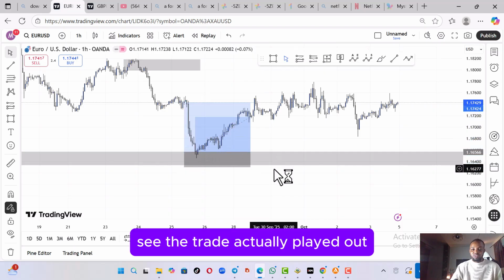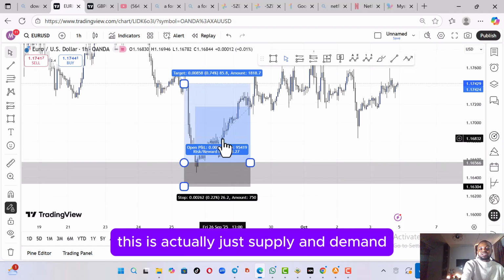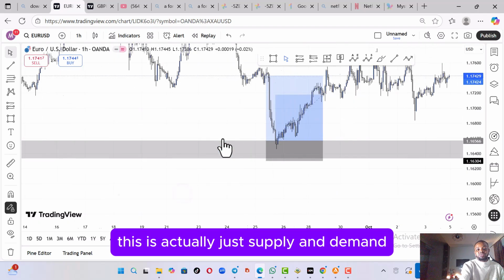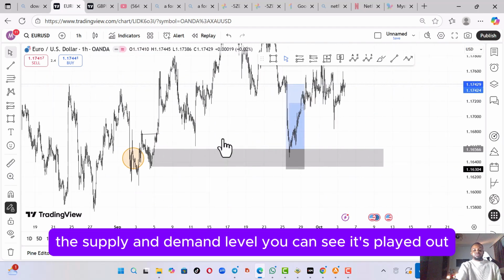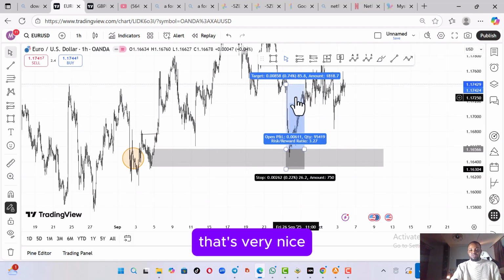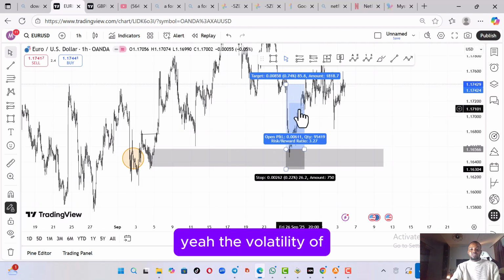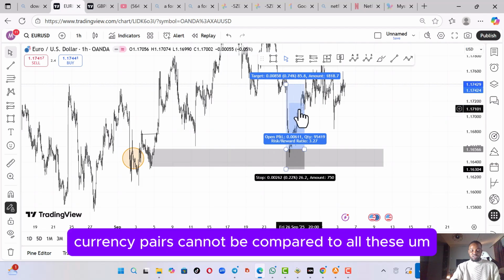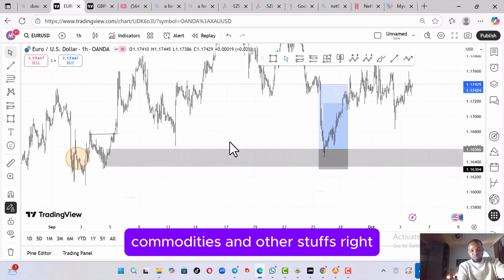See, the trade actually played out. So this is actually just your supply and demand level. You can see it played out. That's very nice. The volatility of currency pairs cannot be compared to commodities and other things, right?